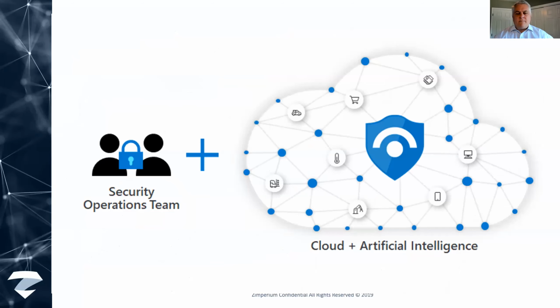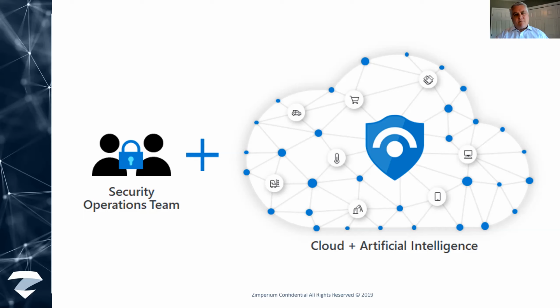And so moving to the cloud can help manage the complexity of this expanding digital estate and the expansion of this alerting within your environment. And so moving things to the cloud can help simplify things and make security easier to manage.